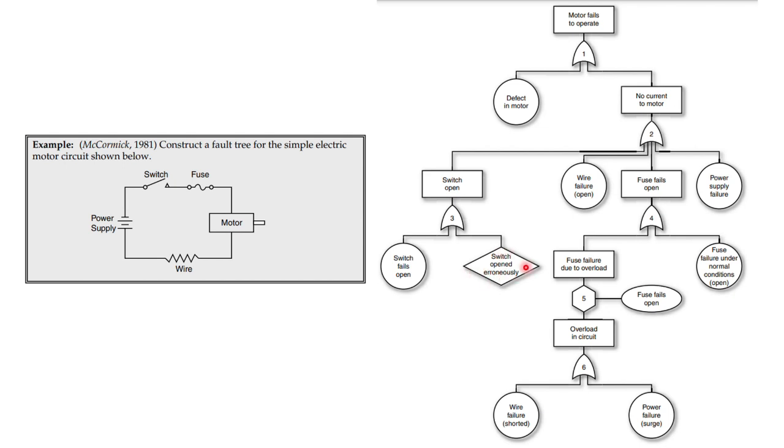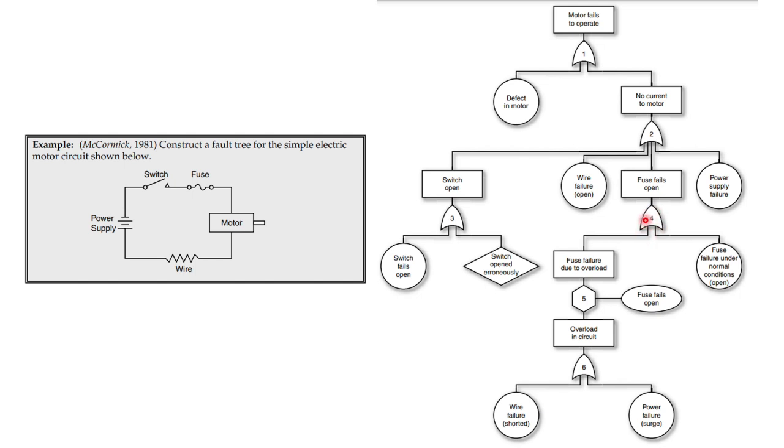We use a diamond symbol because this is an undeveloped event. So we need to ask help of professionals or experts in this field to know more about the details of it.